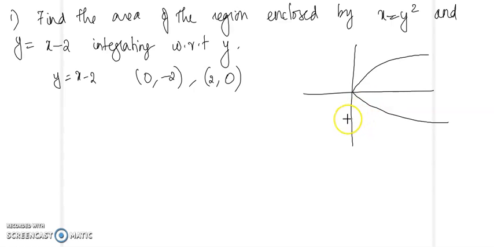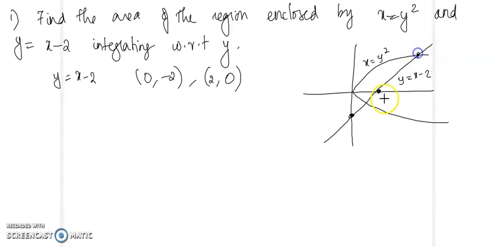So it will be passing through the points 0, minus 2 and 2, 0. This is the line y equal to x minus 2 and this is x equal to y square. On the right side you have y equal to x minus 2 and on the left side you have x equal to y square.